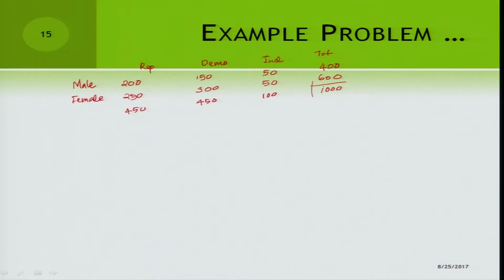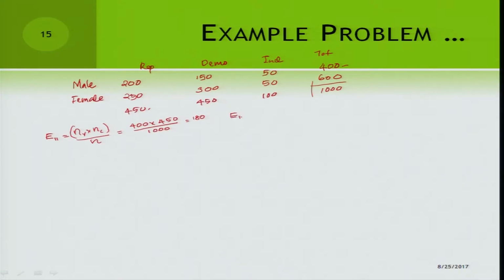If you calculate the expected values, the expected value E11 is NR times NC divided by N. The NR for the first row is 400, and NC for this column is 450, divided by 1000, which gives approximately 180. This is the value of E11.